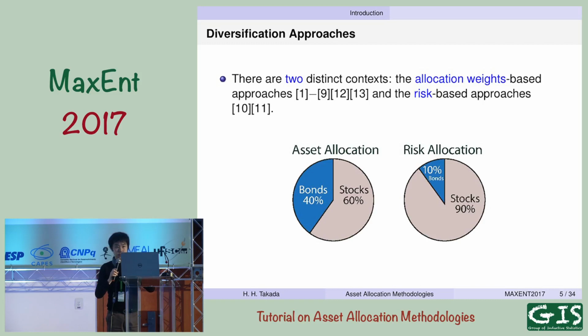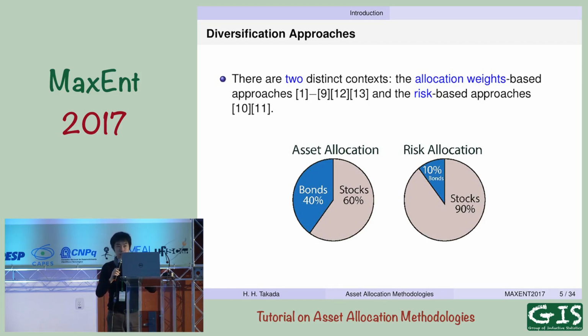But if you take a look at the risk behind that, the risk of the bonds is very low and the risk of the stocks is very high. So the contribution of the bonds to the total risk of the portfolio is small and the contribution of the risk of the stocks is high. So in this case, okay, it seems to be more or less balanced, equilibrated, but if you look at the risk allocation, it's not.